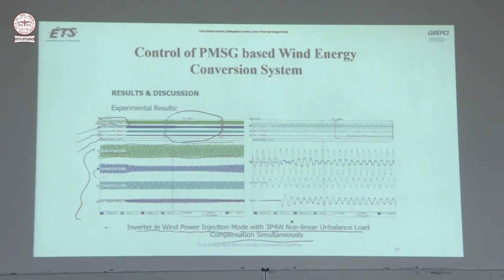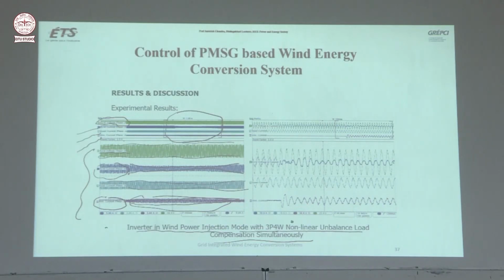This is the grid current for phase A. In this part the grid current is reduced, because the inverter current of phase A is injecting the extra current. So the load current is constant.